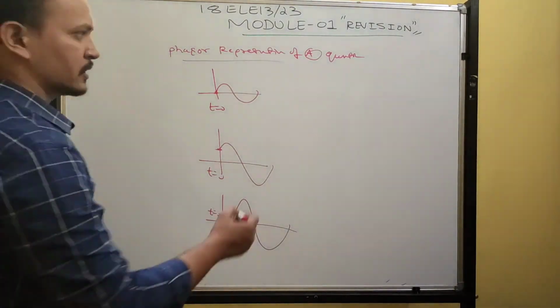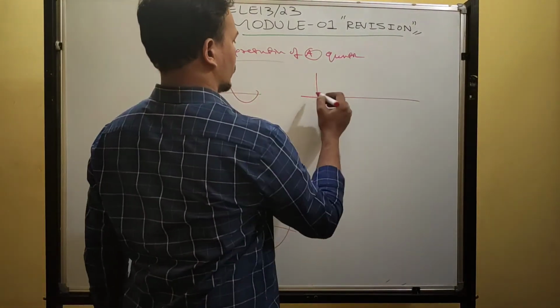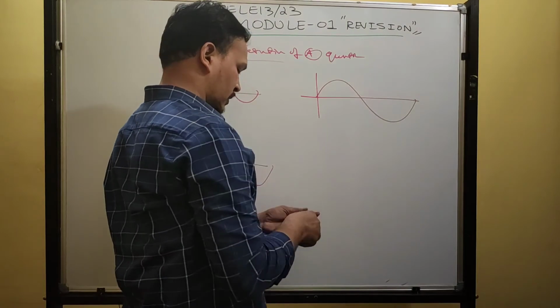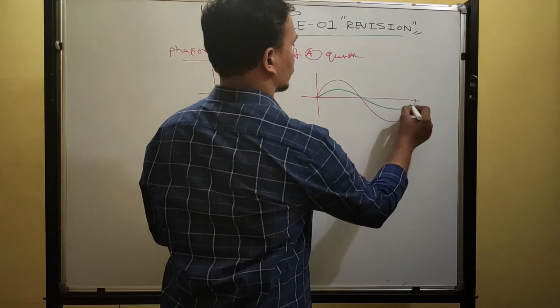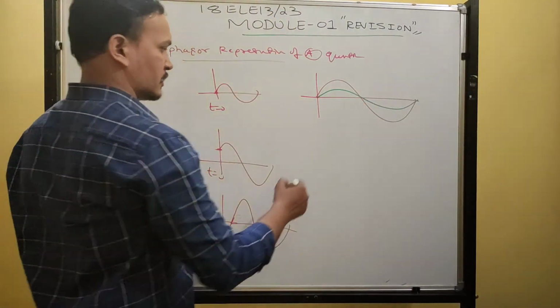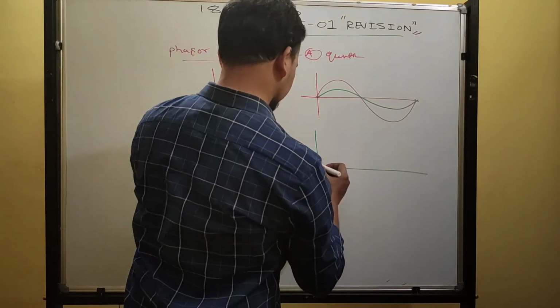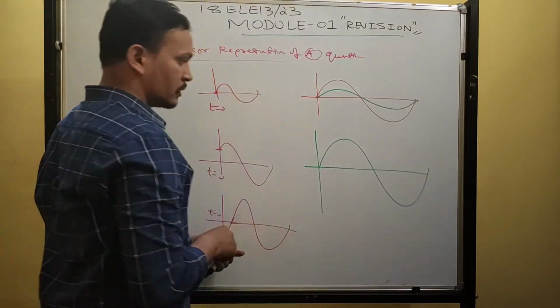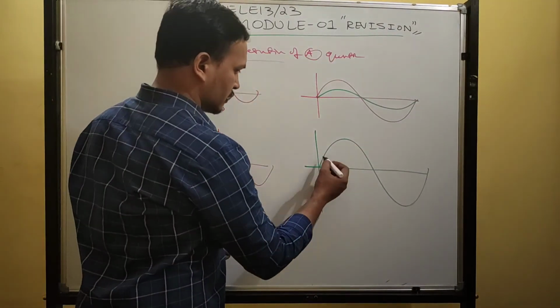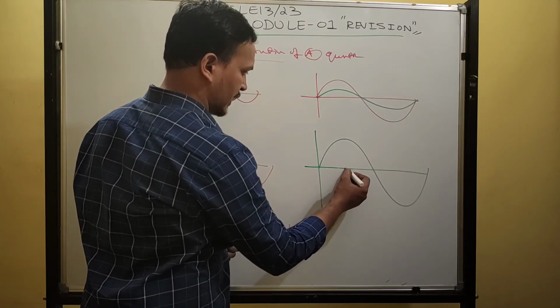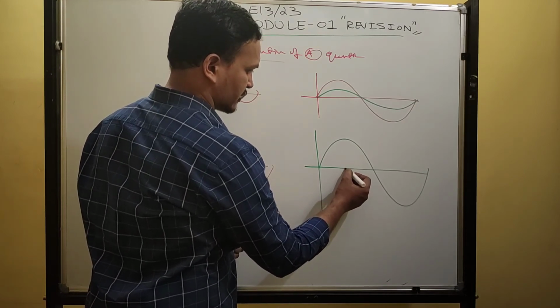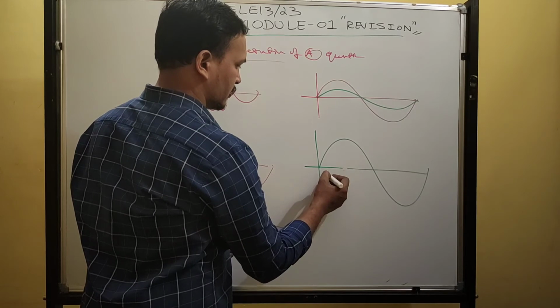What do you mean by phase difference? We need to take two quantities. So this is voltage, and what about current? The current follows the voltage. This is zero phase difference. See now, this is the voltage. For lagging phase difference, you must write like this.